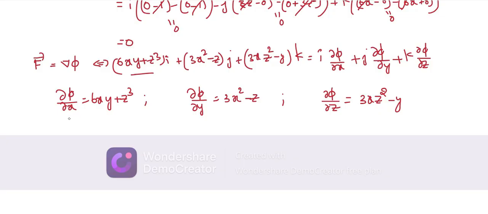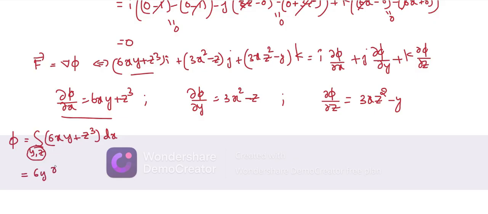Okay. So let us calculate phi by direct integration. So let us integrate the first equation with respect to x. While doing that, we have to consider y and z as constant. So the integration of dou phi by dou x is phi, that is equal to the integration of 6xy plus z cube with respect to x. And here y and z are constant. Here 6y is constant, take that outside.